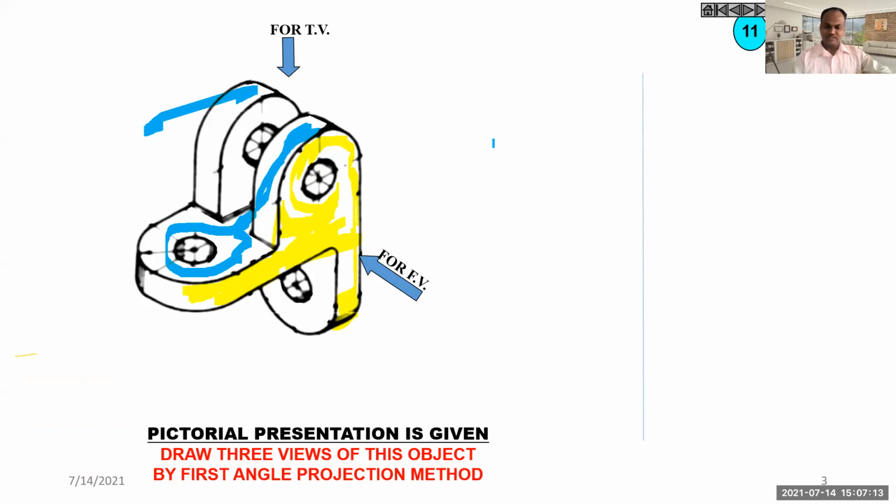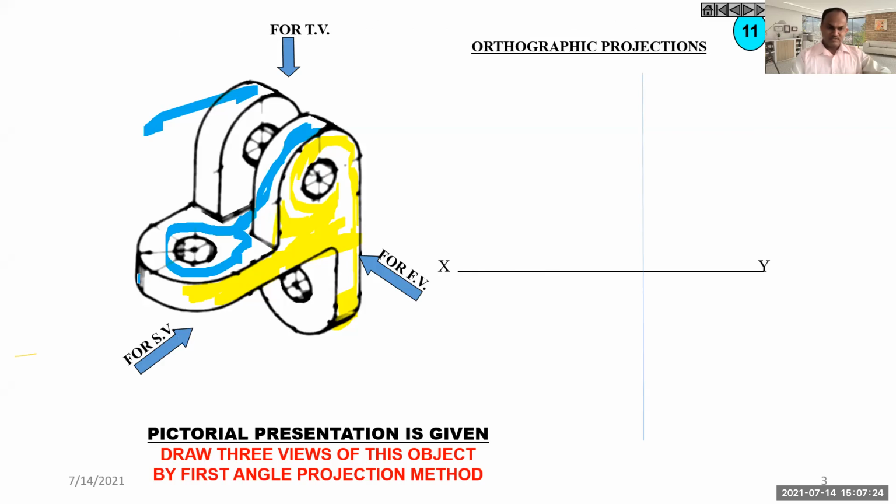In case of side view, I'm going to see this portion, this portion, this portion, and the beneath portion. All this portion will be seen in side view clearly.